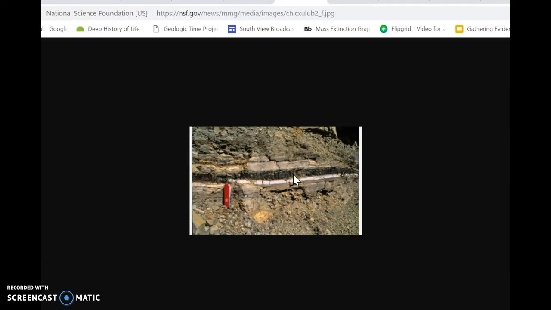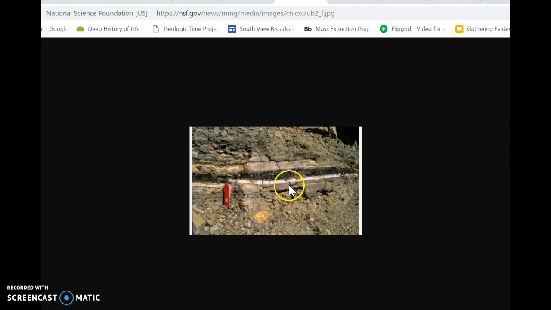So imagine a huge meteor coming and hitting the Earth. Since it hits at such high speeds, it explodes into tons of pieces, and all of that iridium dust that was in the meteor settles onto the Earth and creates a layer of iridium, or basically meteor pieces. And so scientists conclude that this layer of iridium came from a meteor that killed off the dinosaurs.